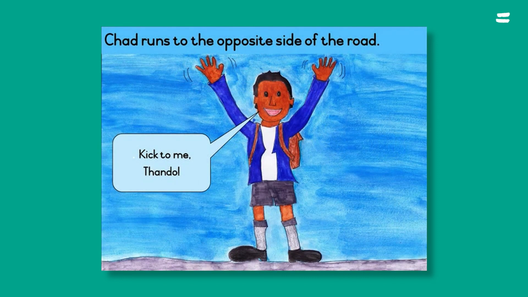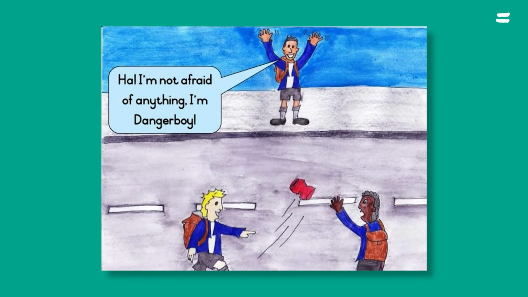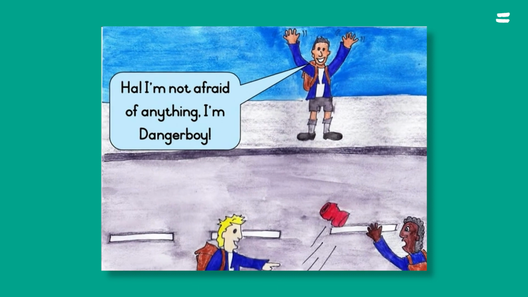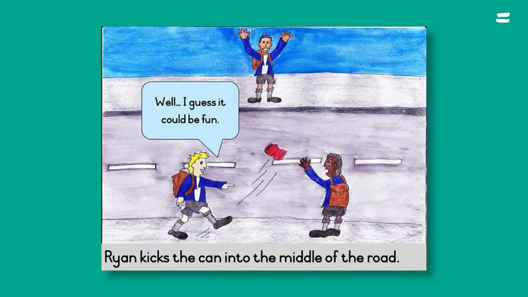Chad runs to the opposite side of the road. "Kick to me, Thando." "I don't know. My mom told me that's not safe." "Ha! I'm not afraid of anything. I'm Danger Boy." "Well, I guess it could be fun."